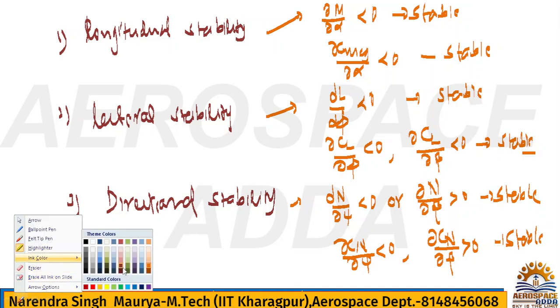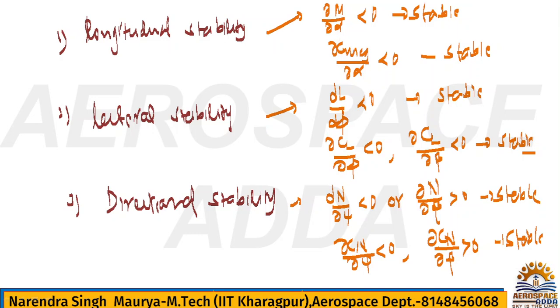But in examinations, sometimes they use this type of terminology. This ∂Cm/∂α, they write Cm alpha. Similarly, this dCl/dφ, they write Cl phi, or they write Cl beta.